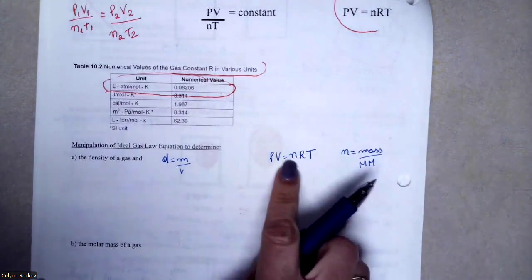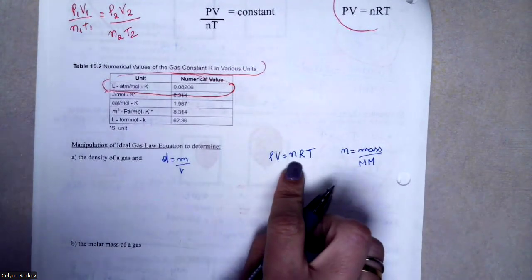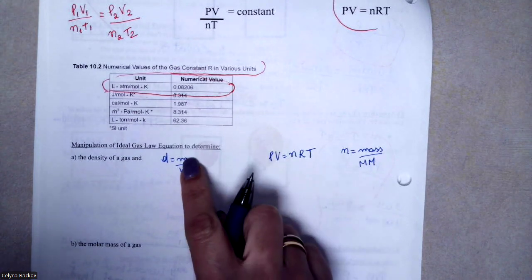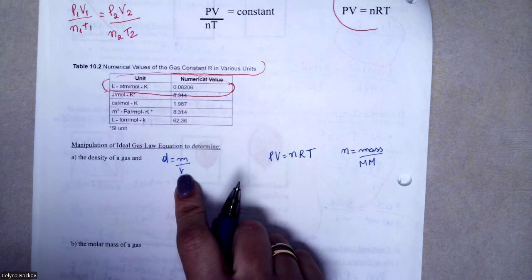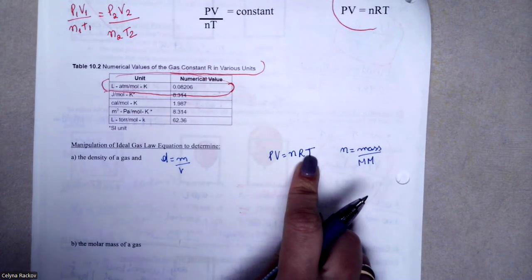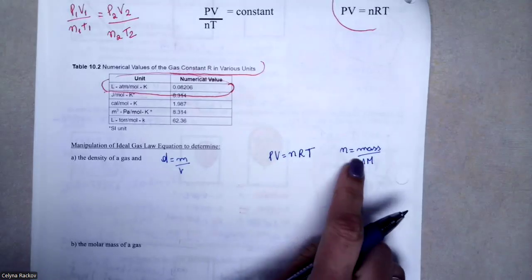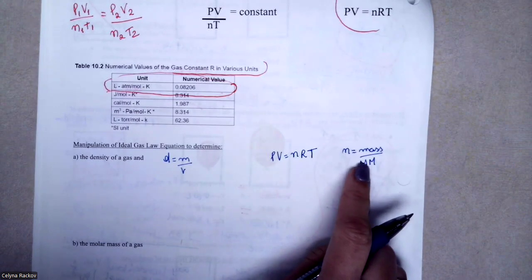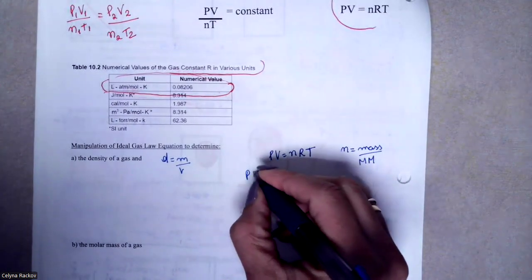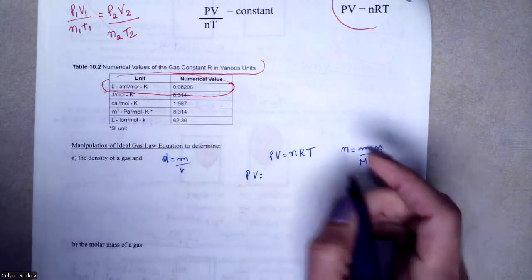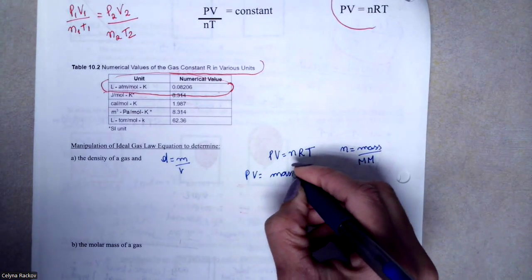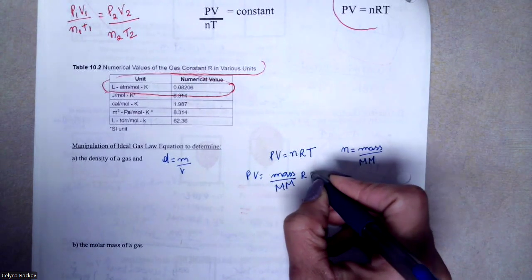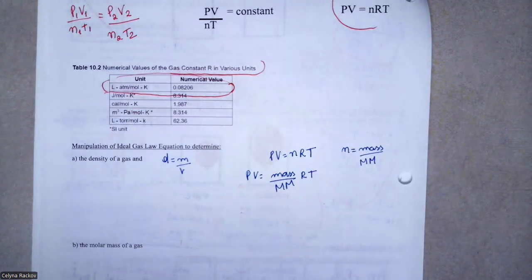So let's start with PV equals nRT. In density, you need the mass and the volume, right? In the equation, you do not have a mass, but you have mole numbers. So let's replace n with mass over molar mass. So PV equals mass over molar mass, times RT, right?